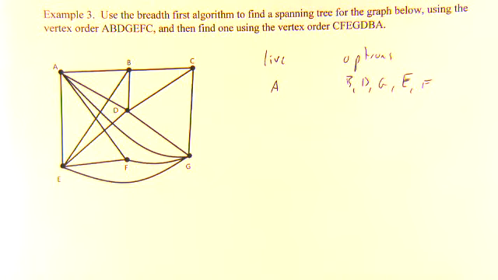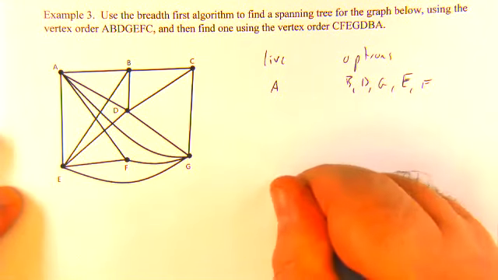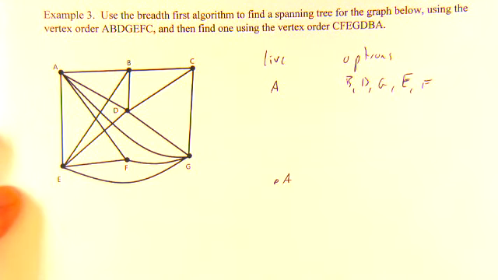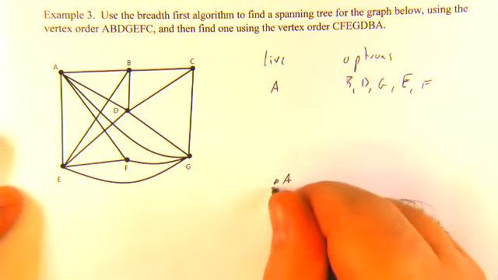The difference between breadth first and depth first is that when you are doing breadth first, you take your vertex where you start, A, and you just add all the options all at once.